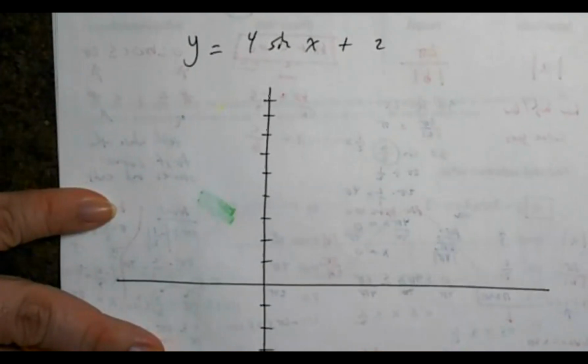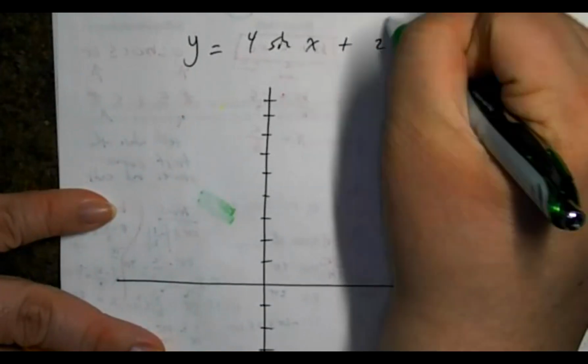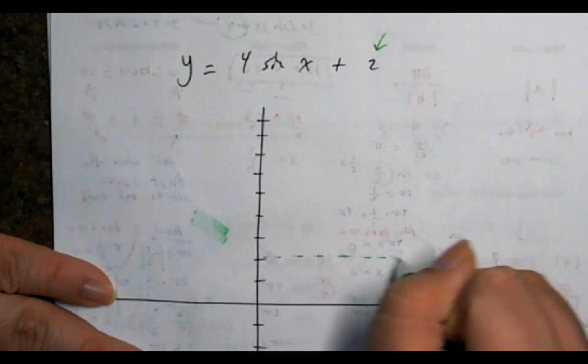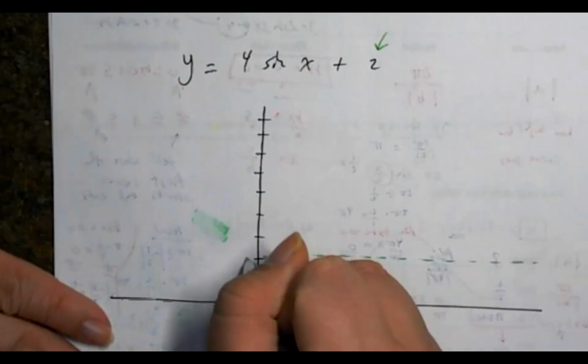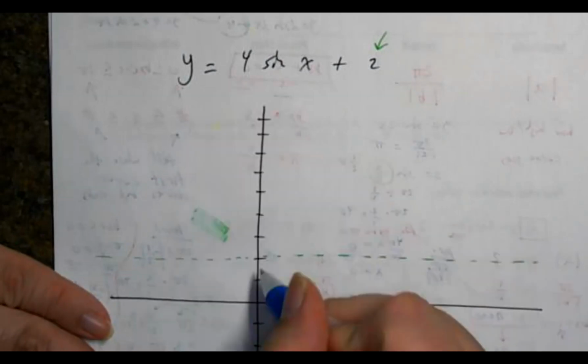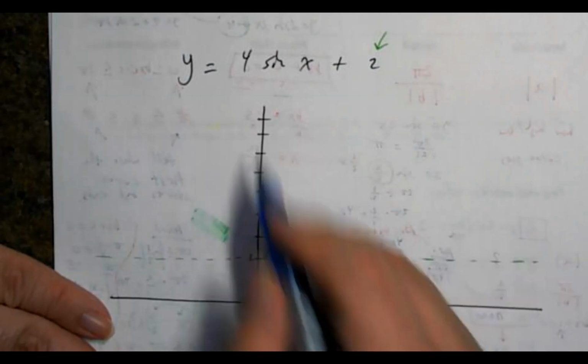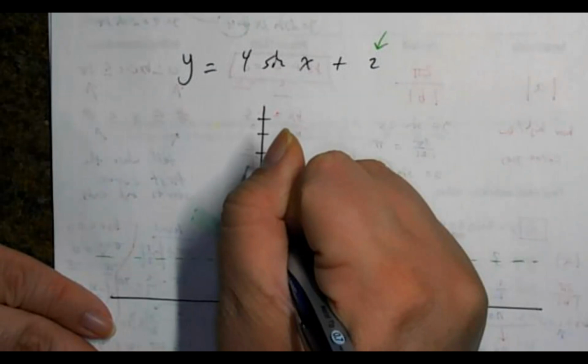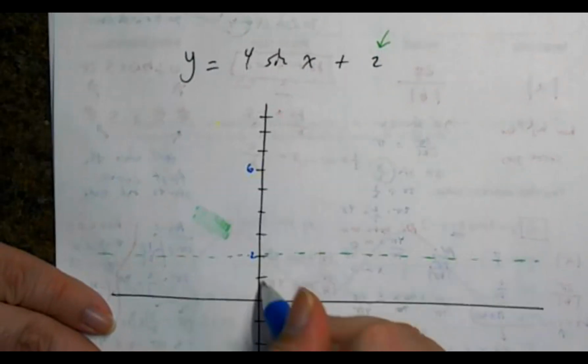What would happen is you'd go up 2. This would be your midline. So 1, 2. Here's the midline. And then we would have an amplitude of 4. So from 2, you'd go up 4 spaces. 1, 2, 3, 4. You'd go all the way up here to 6, and then you go down 4 spaces. 1, 2, 3, 4. Down to -2.